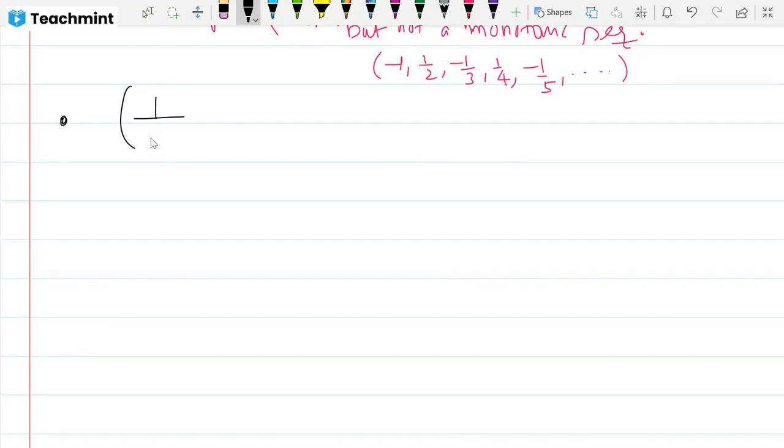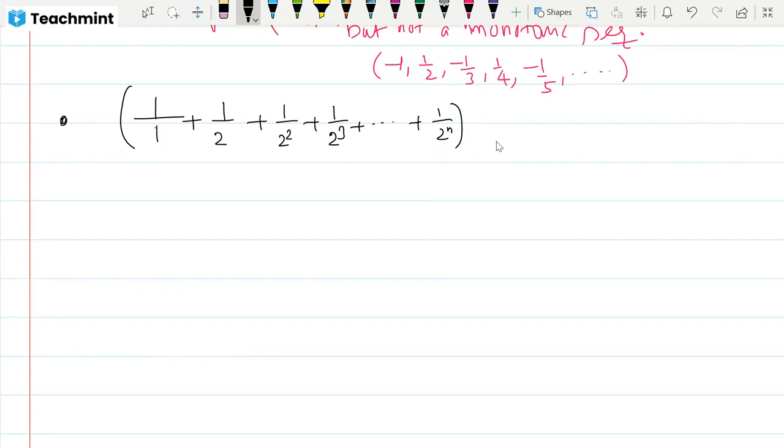I will take the simplest one first. So 1 by 1 plus 1 by 2 plus 1 by 2 square plus 1 by 2 cube plus so on plus 1 by 2 power n. I want to study this sequence.